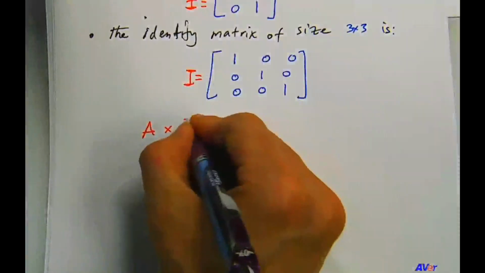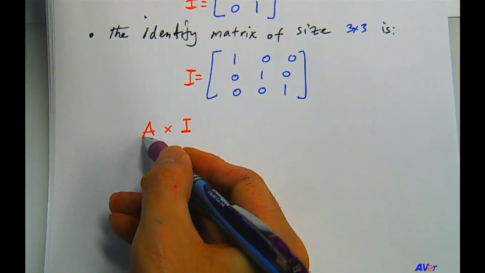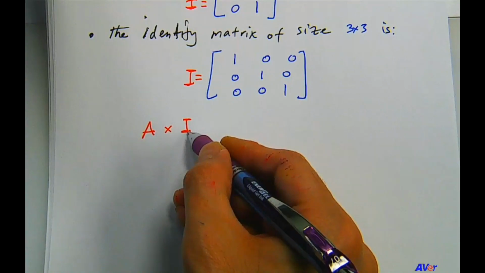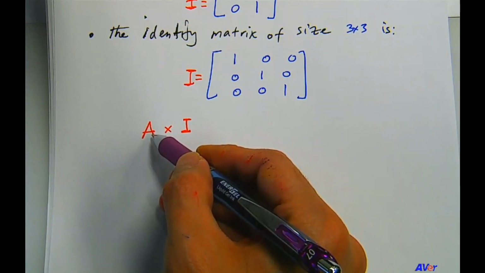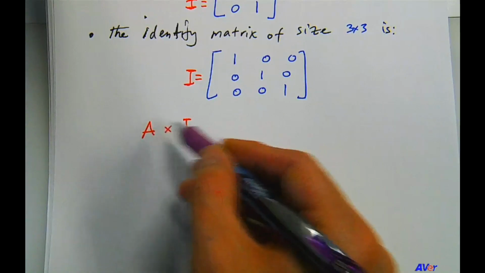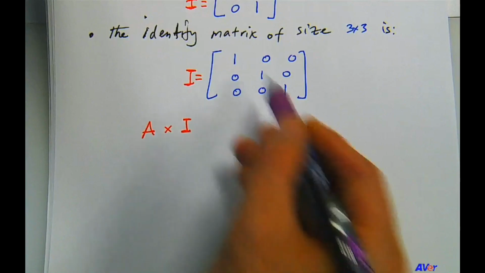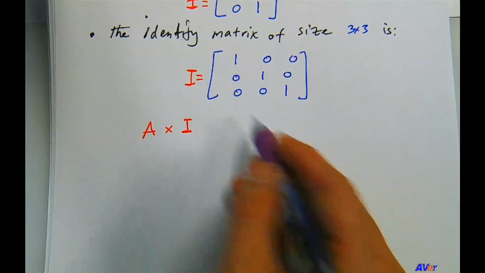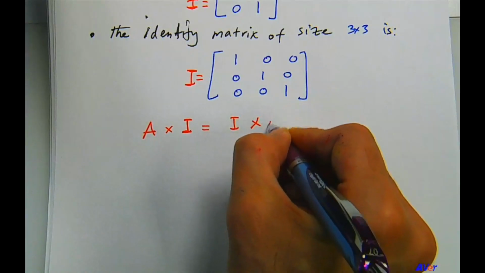So A times the identity matrix, whatever the size of this is, the size of the identity matrix will be exactly the same size. So if A is a 4 by 4 matrix, the size of the identity matrix is also 4 by 4 matrix. And it's going to look like this. That would be equal to I times A.